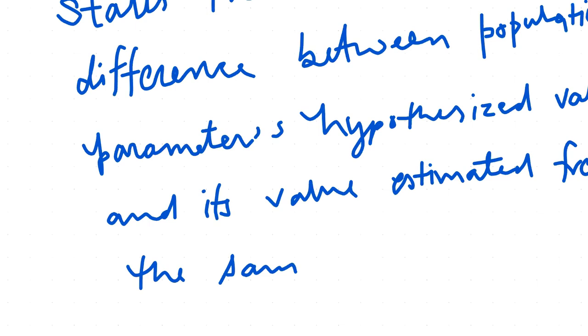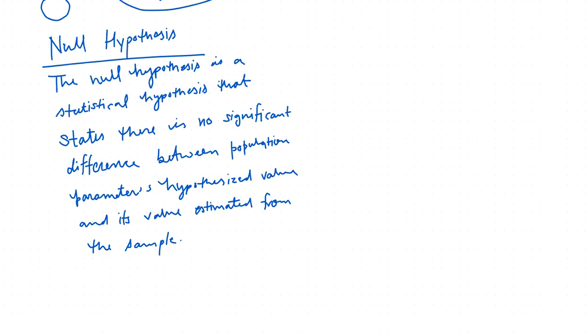So the null hypothesis is a statistical hypothesis that states that there is no significant difference between population parameters. Usually we take the population parameter mean, mu, and its value estimated from the sample.